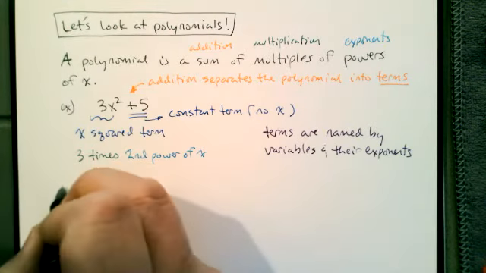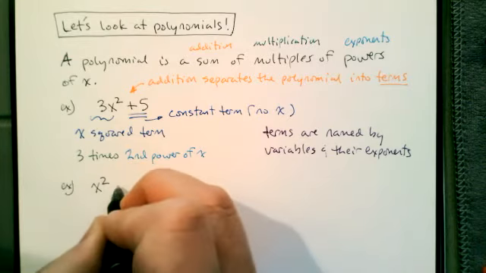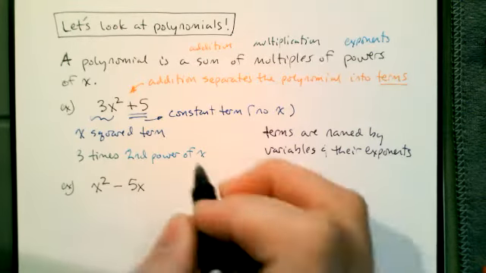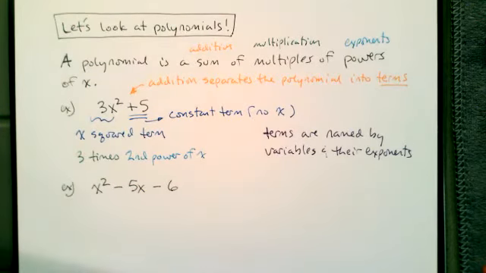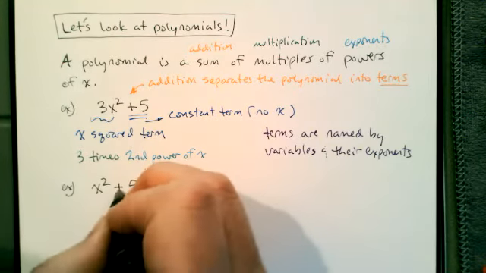So another example, I could have x squared minus 5x minus 6. This polynomial has 3 terms in it. Actually, I want the pluses, so just switch these to pluses.